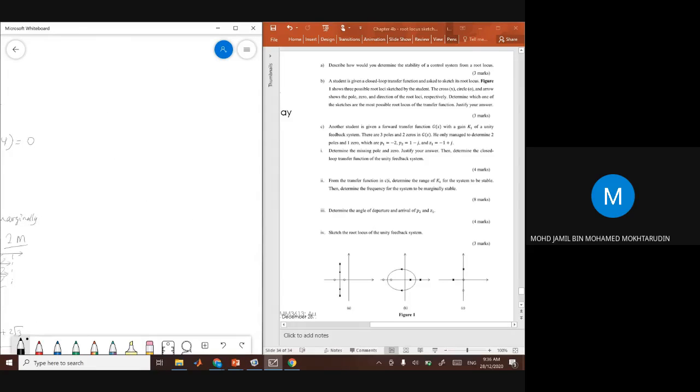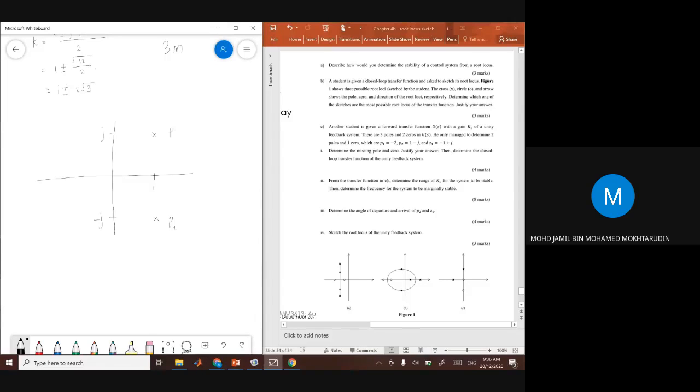Okay, question number 3, determine the angle of departure and arrival for P2 and Z1. Okay, so firstly we do for P2. So P2 is here and P1 is here.